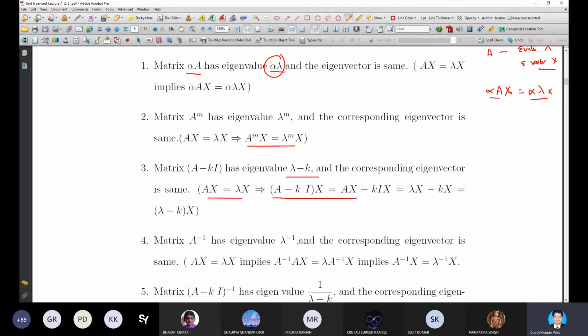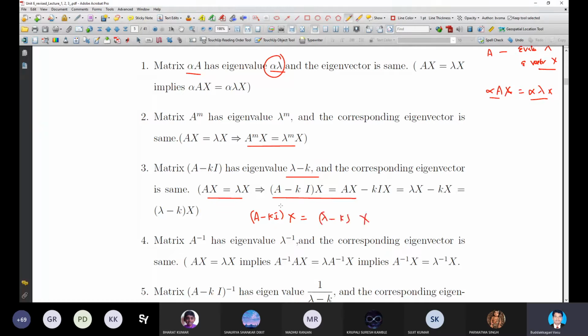Ax is lambda x, so taking x common, we have (lambda minus k) x. So (A minus kI) x is equal to (lambda minus k) x. In place of the matrix there is now a scalar, lambda minus k. Hence A minus kI has the eigenvalue lambda minus k with the same eigenvector x.